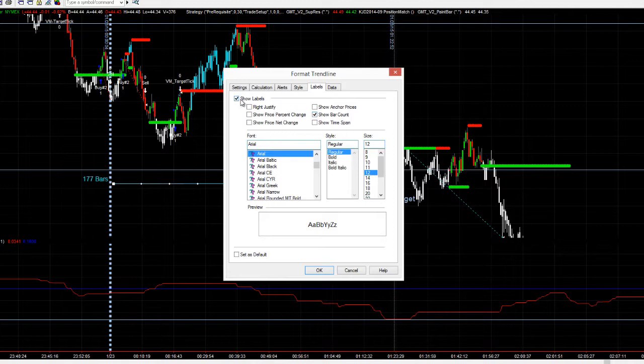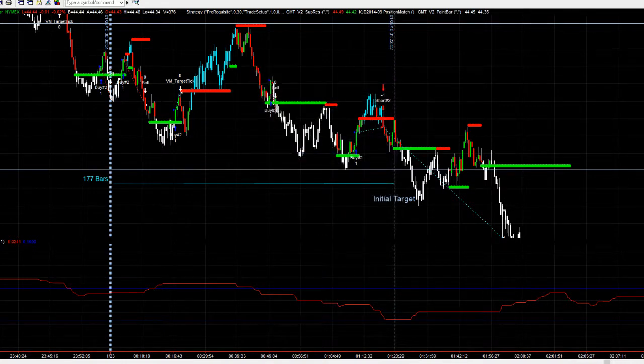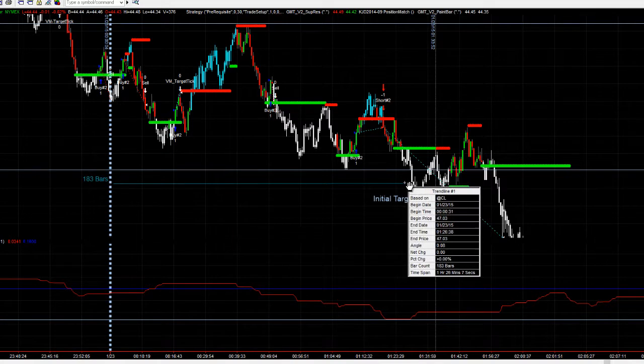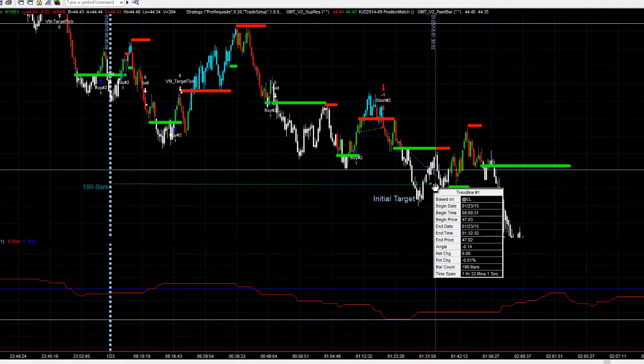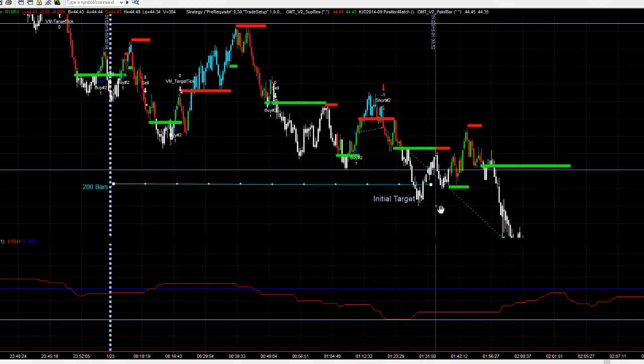It will show me exactly how many bars I've got loaded up in this area, and it says I've got 177, so I'll move that forward a little bit because I want 200, since that's the default. Let's move it forward until we get 200 bars. Okay, there's our 200 bars.